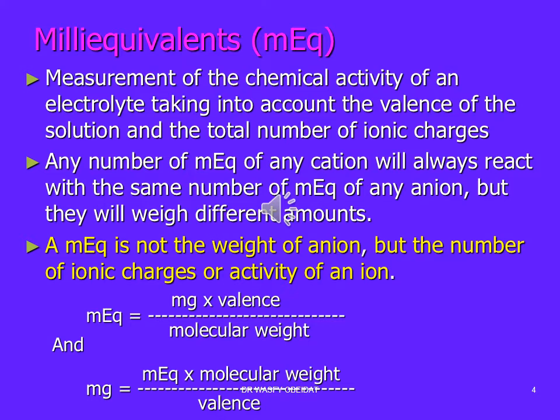And if we want to convert milliequivalents to milligrams, we can use the second formula shown at the bottom of this slide, where milliequivalents can be multiplied by the molecular weight, and the product will be divided by the valency of the ion to get the value in milligrams.